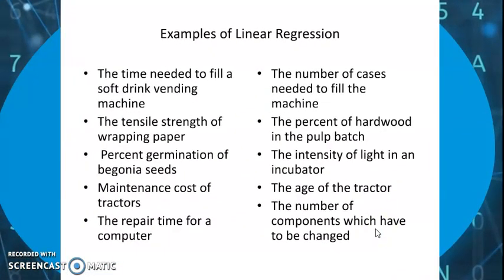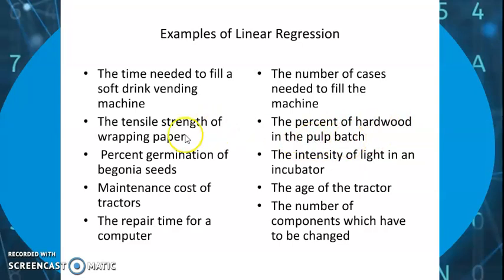Some examples of linear regression models: when the y output is the time needed to fill a soft drink vending machine, I am trying to predict the time needed to fill it when I know the number of cases needed to fill the machine. So this is x and this is y. Next, we are trying to predict the strength of a wrapping paper when I know the percent of hardwood in the pulp batch.